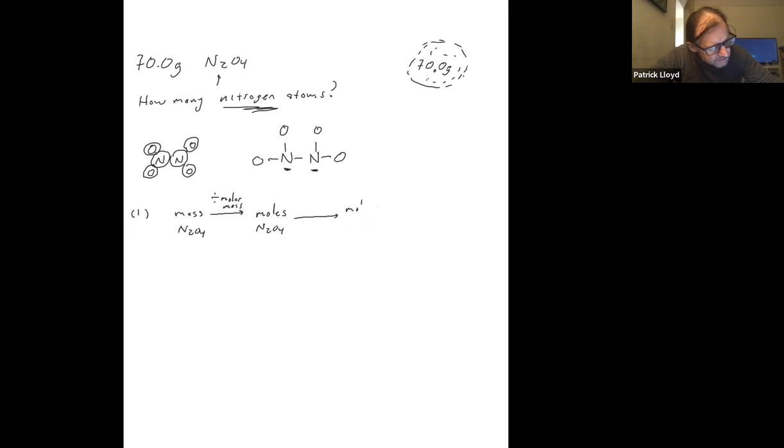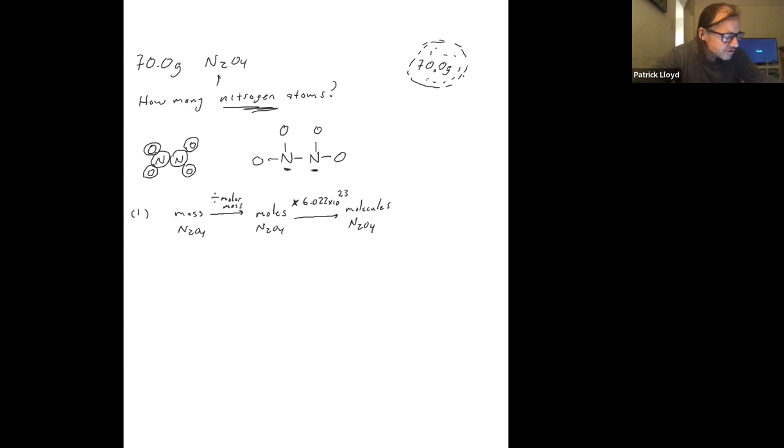Let's do molecules of N2O4. This will be a little bit more clear. If you want to go from moles to molecules, you multiply by the Avogadro number, 6 times 10 to the 23rd. I'm just writing that above the arrow.